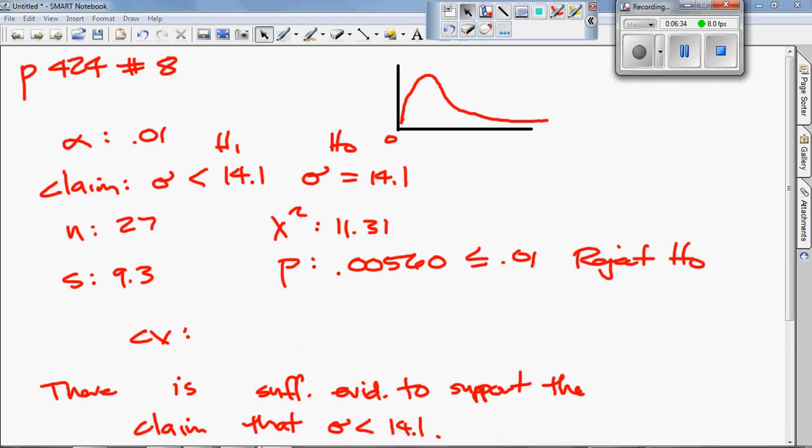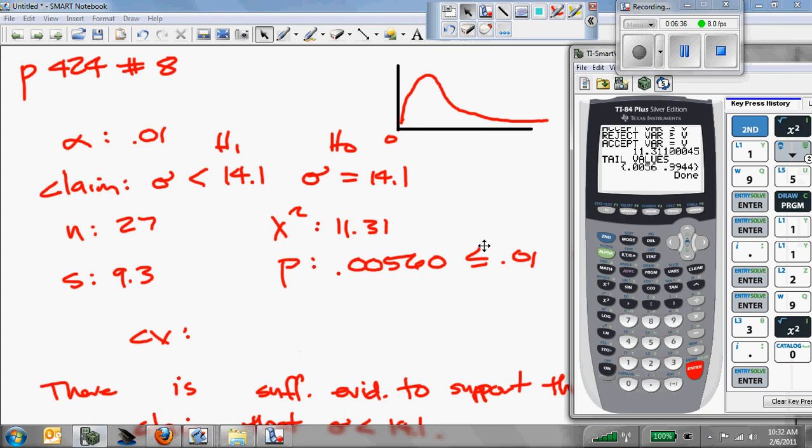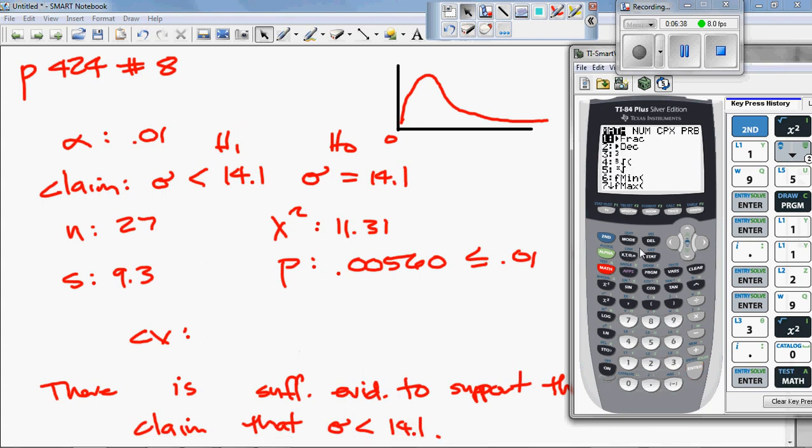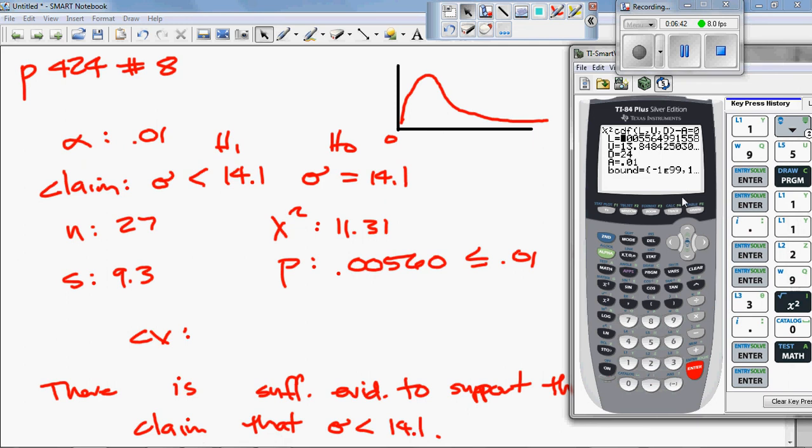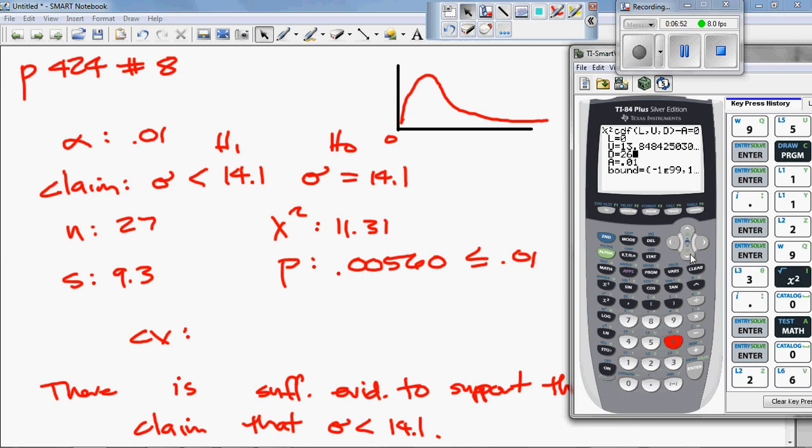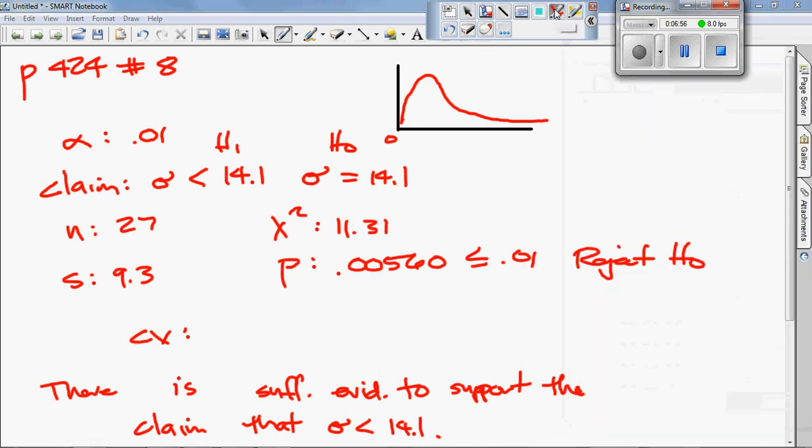And our critical value, we will use the equation solver for the critical value, math, scroll up for solver. And the lower boundary is going to be 0 for a chi-squared distribution. The degree of freedom is 1 less than the sample size, so we'll enter 26. The area under the curve. The critical value is in the left tail, so it's over here.